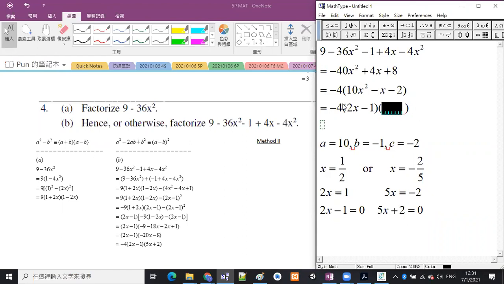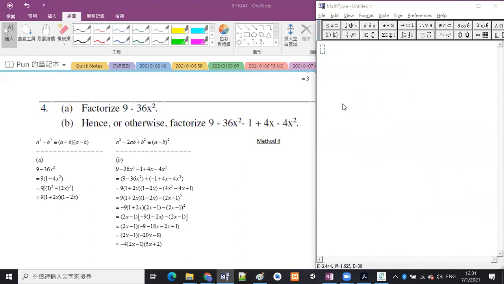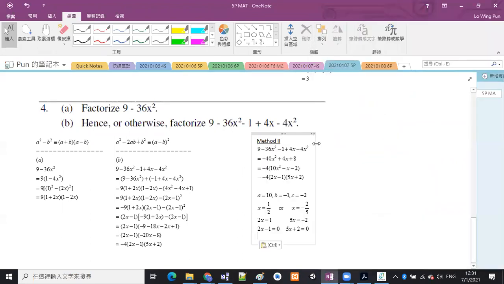Okay, so that is this one. Okay, so you have got the same answer. Can you see this? Negative 4 times 2x minus 1 times 5x plus 2. This is the method 2 you can use. Okay.